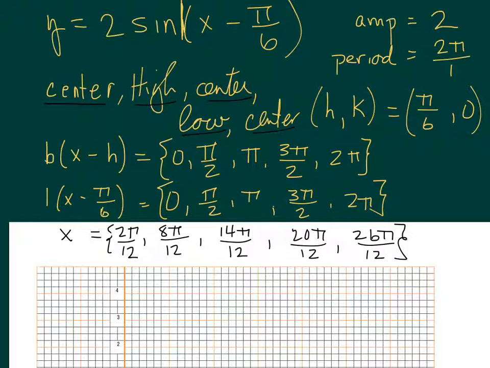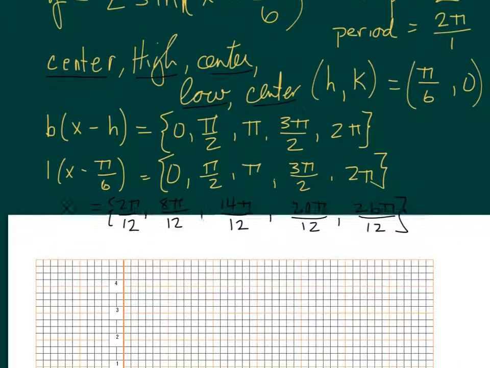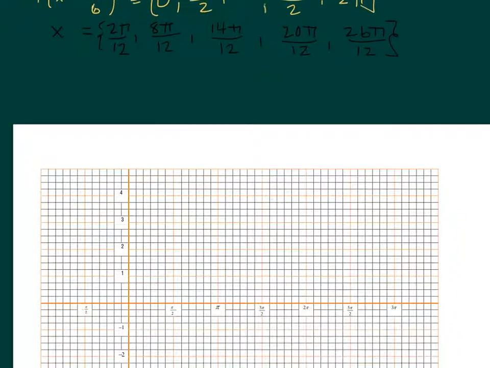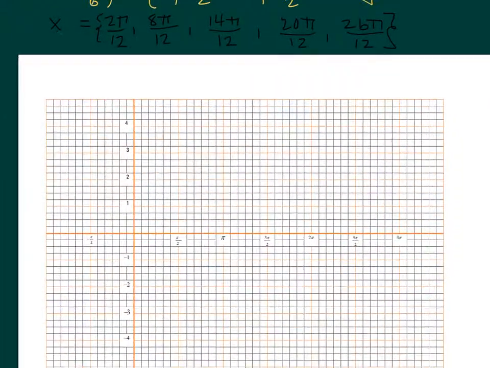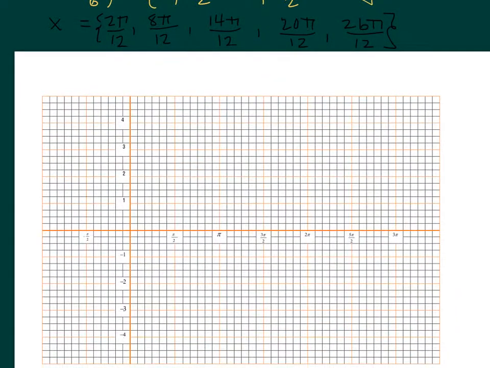So I'll just scroll up and start drawing this graph. Okay, so the horizontal and vertical shift was pi over 6, 0.